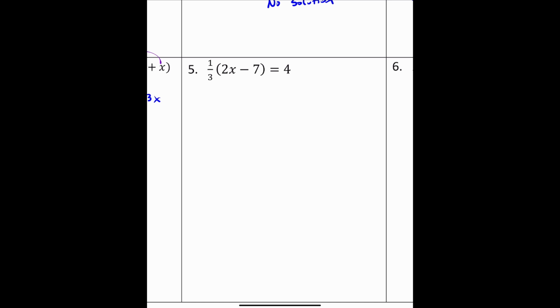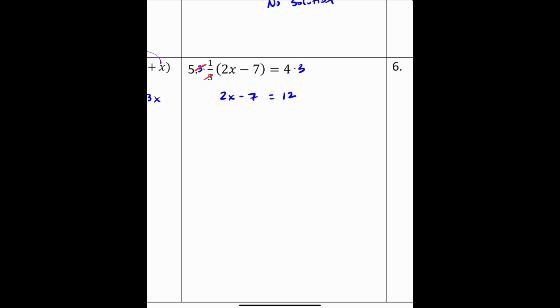So if it's 1/3, then I'm going to multiply this by 3 and this by 3. So really I'm multiplying the 3 and the 1/3, and that will cancel, and that'll leave me with 1. Or you can say 2x minus 7. And then on the right-hand side, we have 4 times 3, which is just 12.